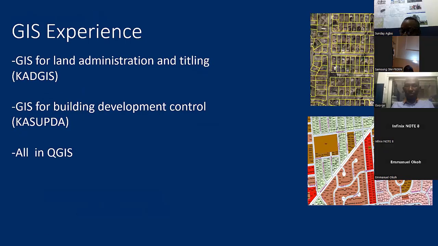GIS experience. As I said, presently I'm a consultant to Kaduna State Government on GIS. That is GIS for land administration and titling. What does that mean? We help Kaduna State Government to digitize the land administration process using the GIS technology.